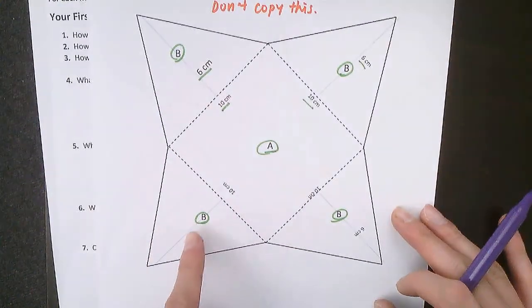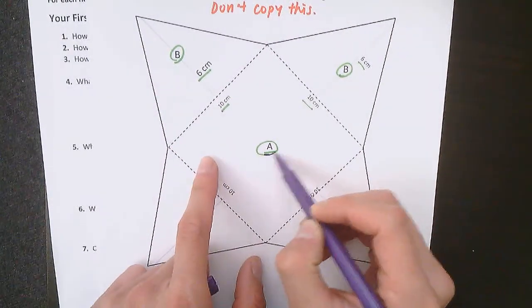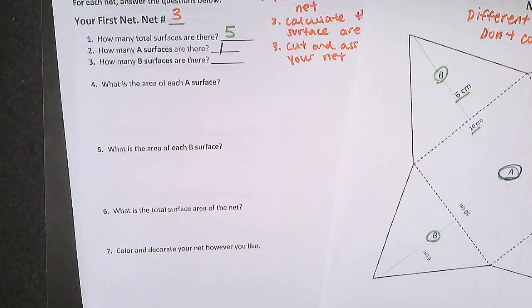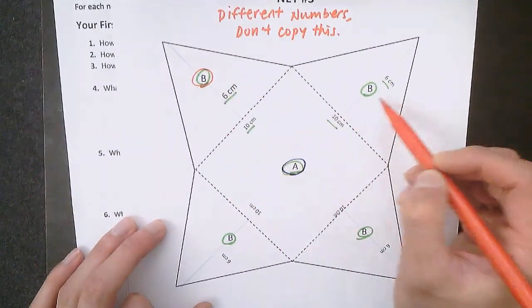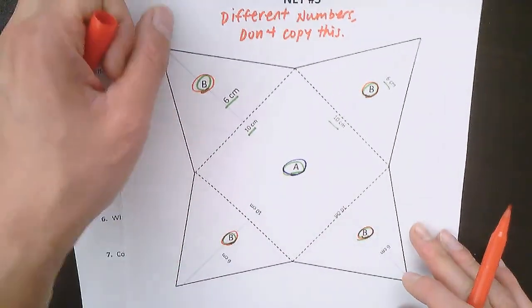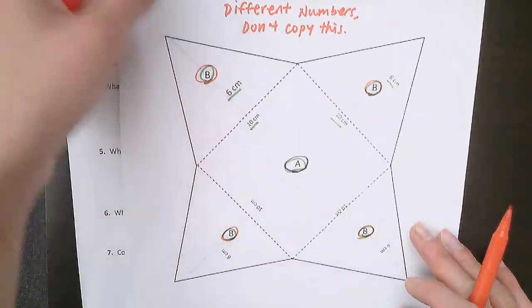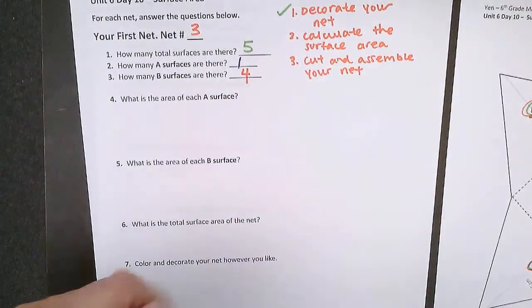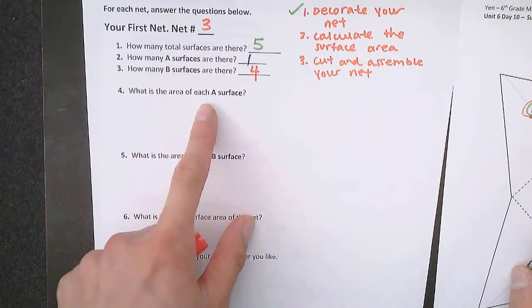In this case, there's one A surface, that's right here, so I put 1. How many B surfaces are there? In this example, there are 1, 2, 3, 4 B surfaces, 4 of these triangles.